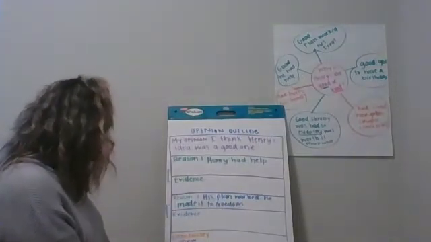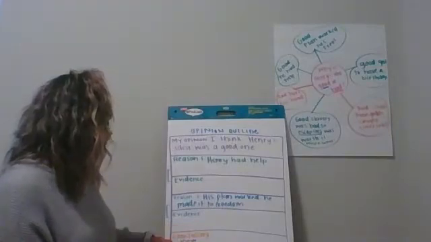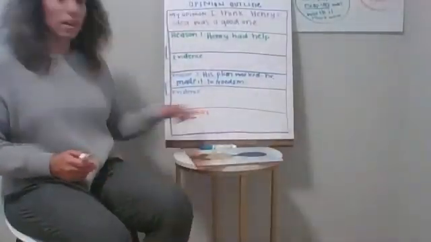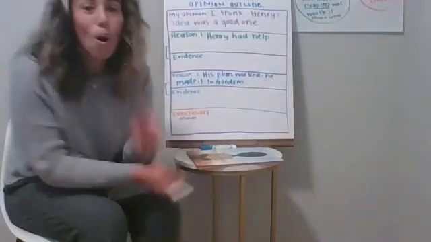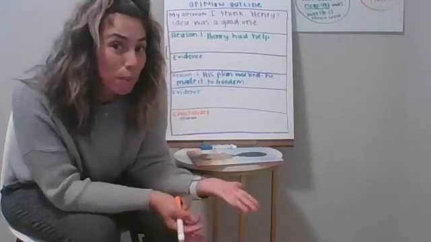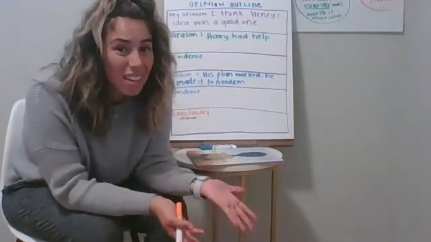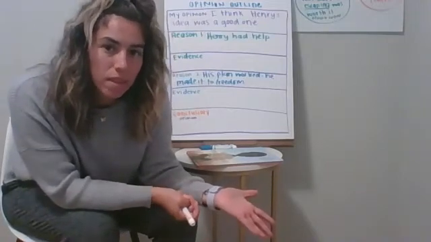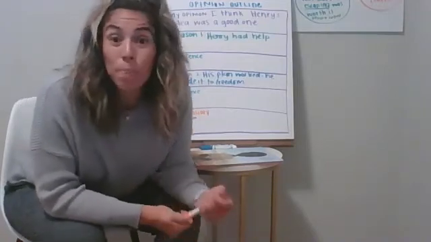Okay, and then in my conclusion and opinion, in my last group, I'm gonna bring this down a little bit so that you can see. Okay, I'm gonna state my opinion one more time. Okay, so I remember that I said his idea was a good one. I'm gonna say it a little bit differently. I'm gonna say, I believe.